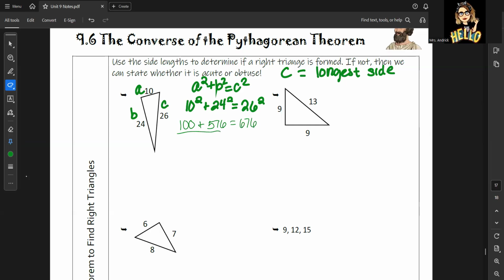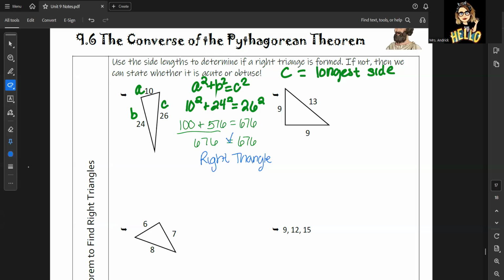So 100 plus 576 is 676. Is 676 equal to 676? If the answer is true, then it is a right triangle. If it's not, then we'll figure out if it's acute or obtuse.